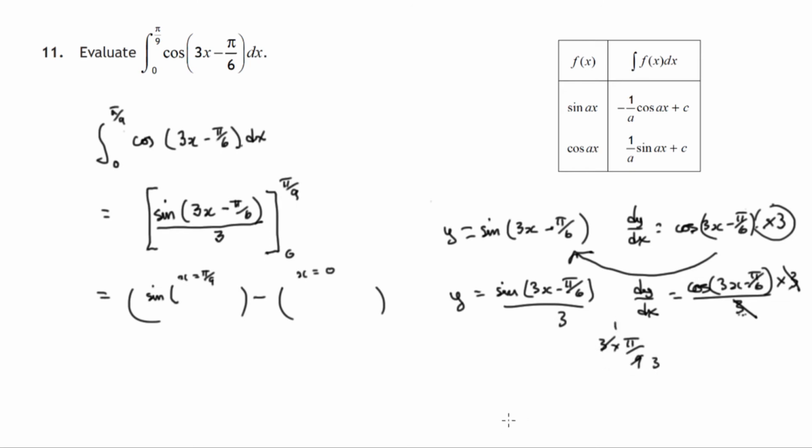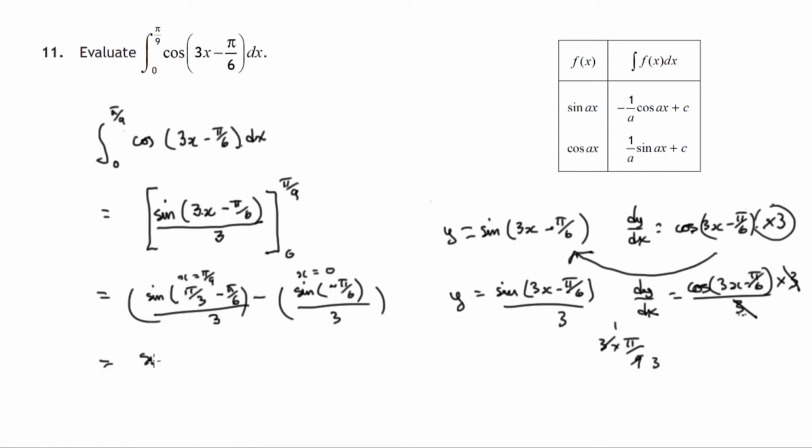That's pi upon 3 when our cancelling is done. So that's pi upon 3 minus pi upon 6, to be divided by 3. Let's now put x equals 0 in. So we get sine of 3 times 0 is 0, minus pi upon 6, and that's divided by 3.